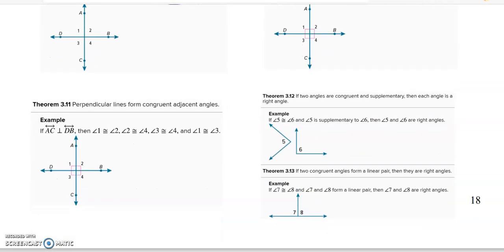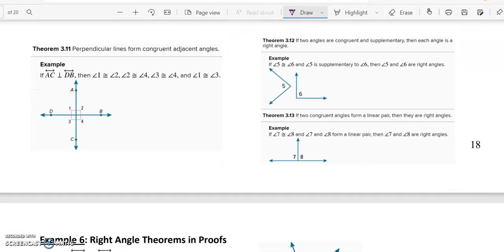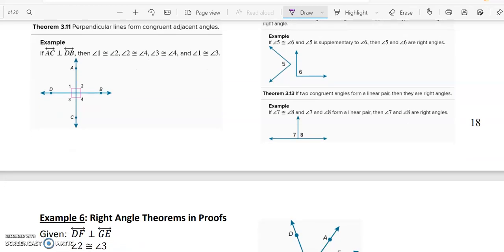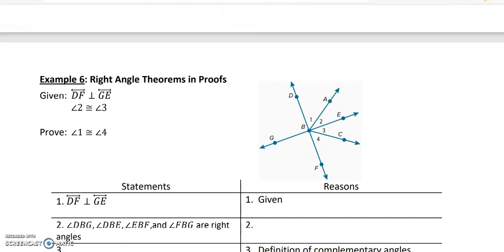And if we have perpendicular, then we know that they're all congruent pairs next to each other, adjacent angles. 5 and 6, if they are supplementary and we have them being congruent as well, then they would have to be right angles. And going the direction of a linear pair in their right angles, if they're congruent, then they must be right angles if they form a linear pair.